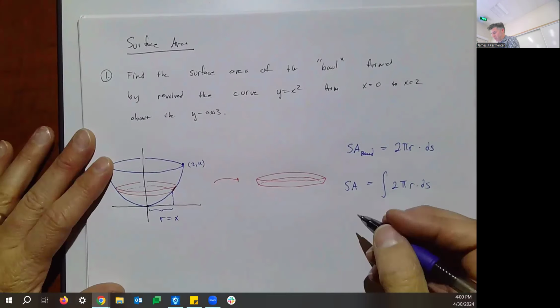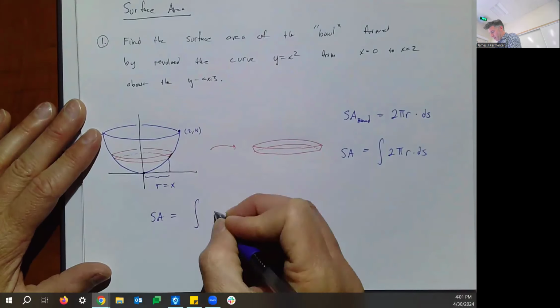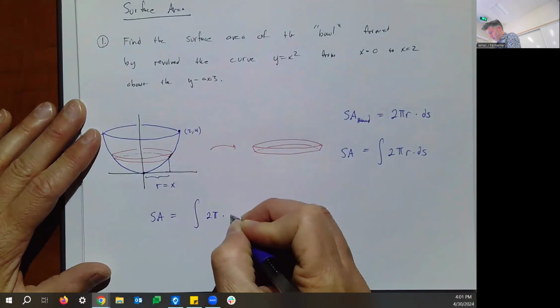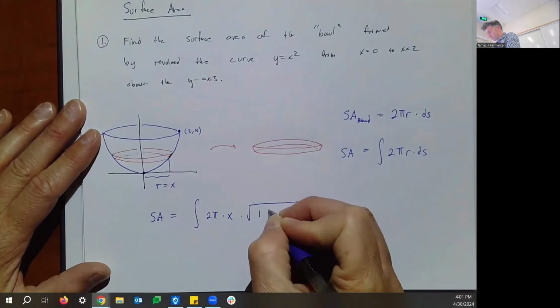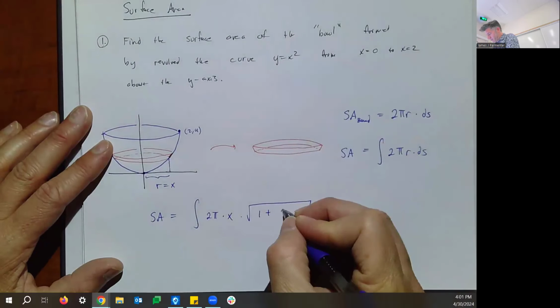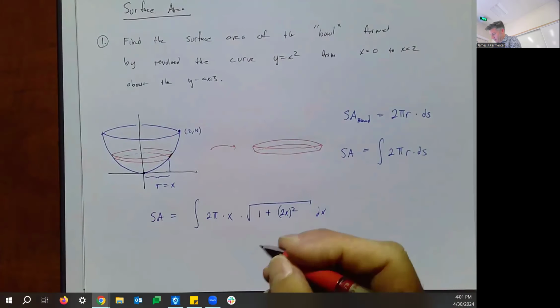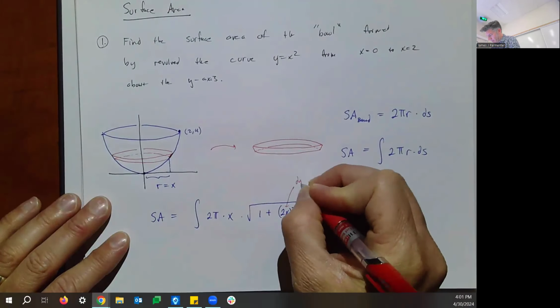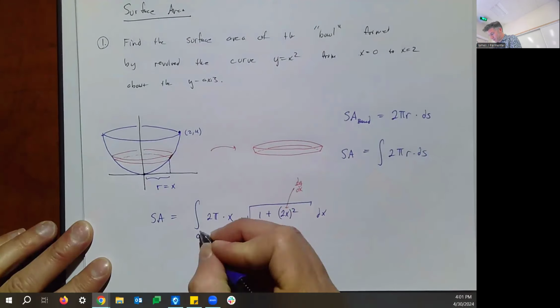So in this particular example, we're going to write that our surface area is equal to the integral of 2 pi times our radius x times the square root of 1 plus the derivative of my function squared, where that 2x there is my dy dx. And my limits of integration are from x equals 0 to x equals 2.